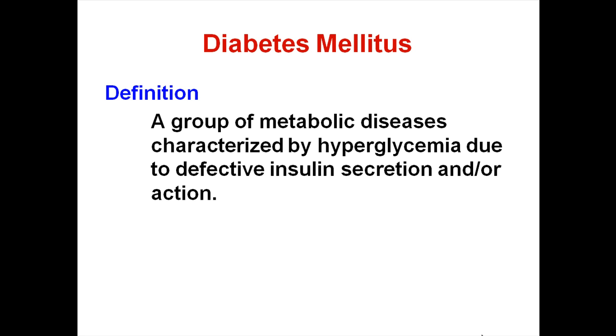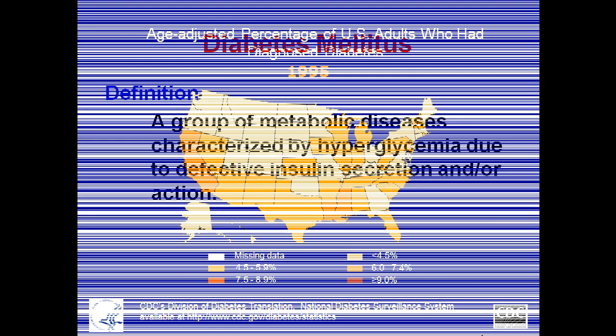And the reasoning behind it is either not producing enough insulin to take care of the sugar in your blood, or the cells not being able to receive the insulin or the instructions from the insulin to take sugar out of the blood. So we'll look at those in detail as we go through.